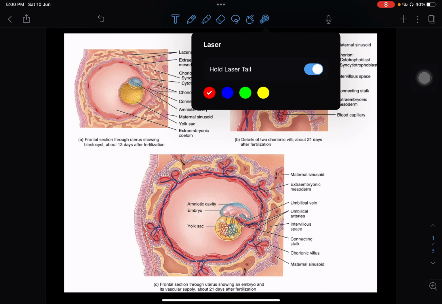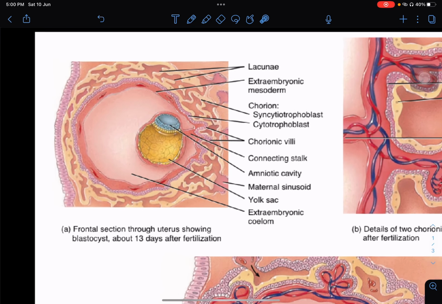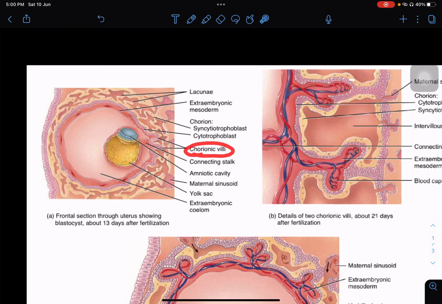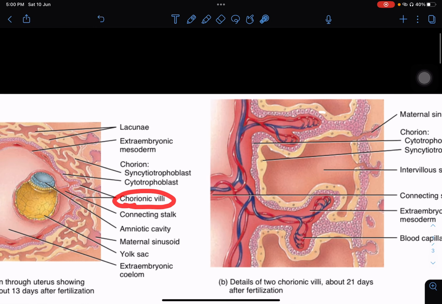So we will discuss the placenta formation and then the functions of placenta. The first diagram you can see the chorionic villi, the trophoblast is penetrating to the endometrium and making this chorionic villi. And later in the second diagram, we have much more focus on the chorionic villi.